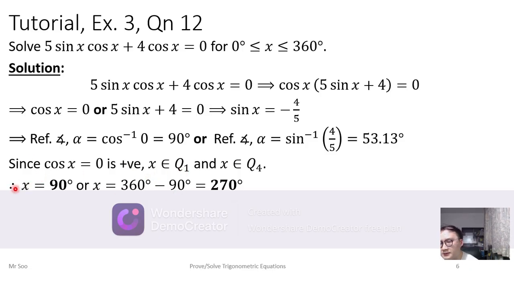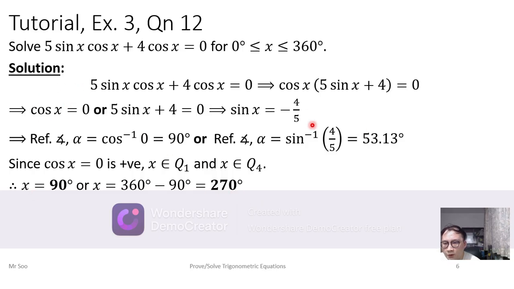For Q1, x equals your reference angle alpha, which is 90 degree. For Q4, x equals 360 minus alpha, and alpha here is 90 degree, so subtracting from 360 degree I get 270 degree. These two answers are for cosine x equals 0.